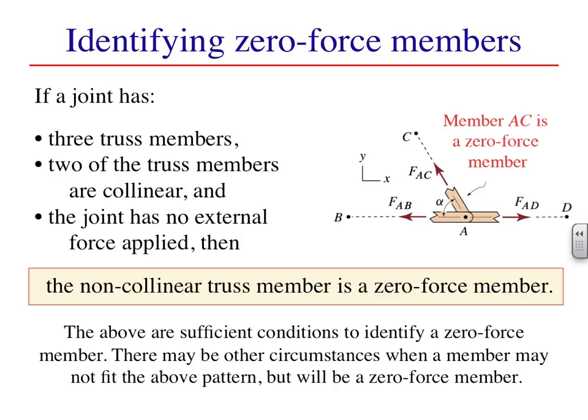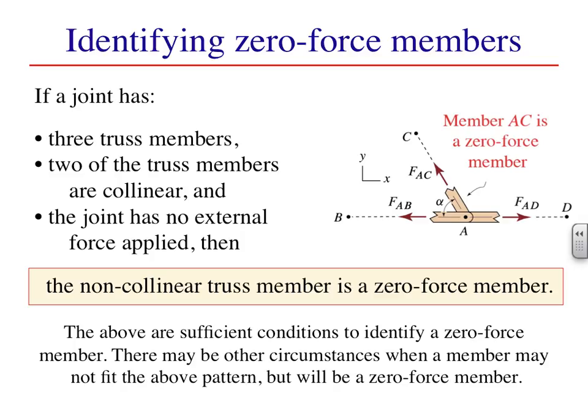Identification of a member as a zero force member involves examining joints and the number and configuration of members connected at that joint. This slide summarizes criteria for three members coming together, which is a common situation we'll encounter in trusses.